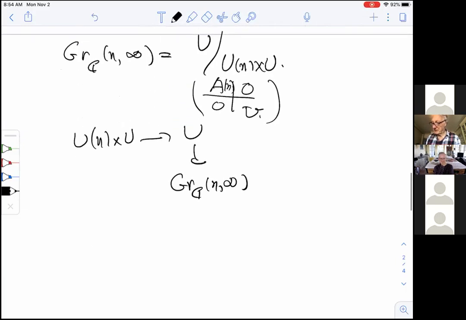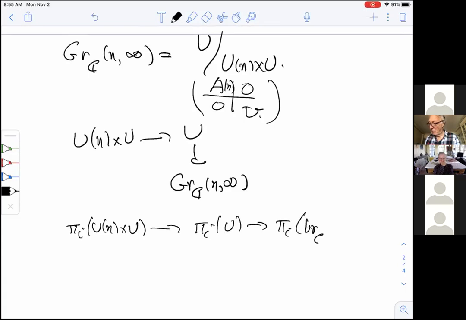Get the homotopy long exact sequence, pi i of U(n) cross U into pi i of U into pi i of the Grassmannian, and so on.